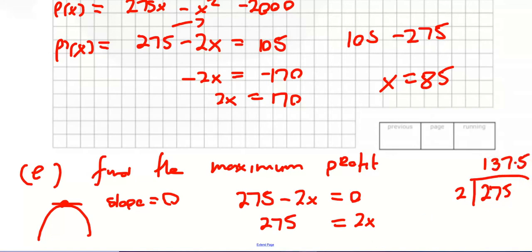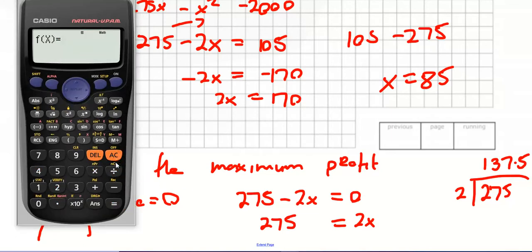So get this, guys. If we go in here, 275x take away x squared. We're talking about the original function here now, minus 2000. And we go from, let's say, 135 to 150.